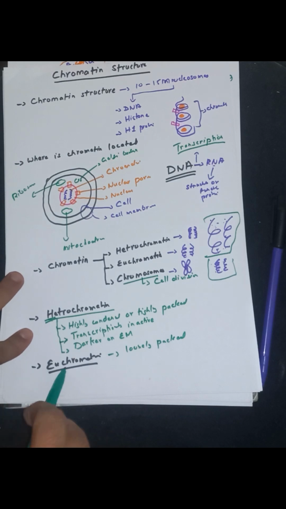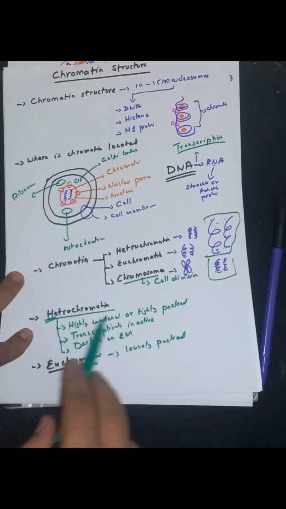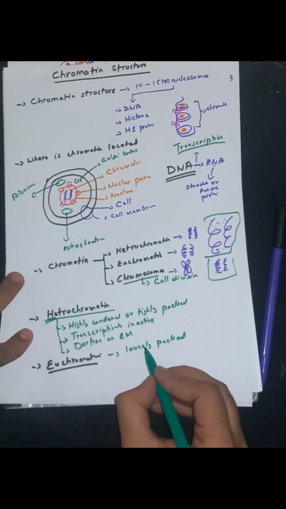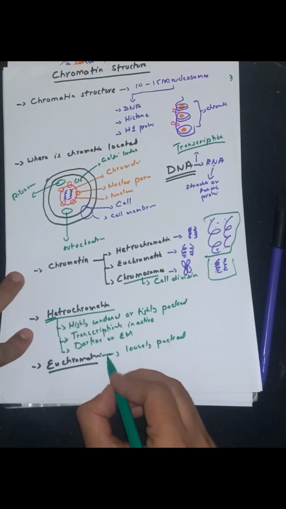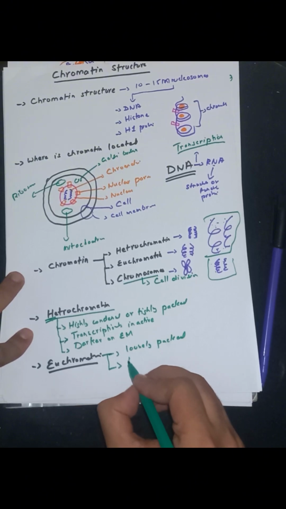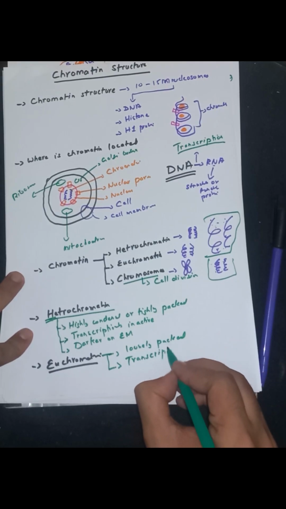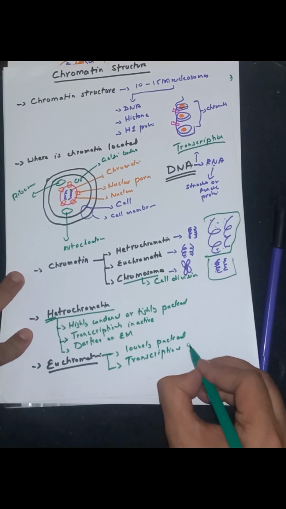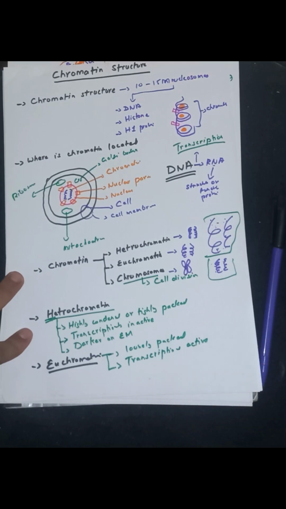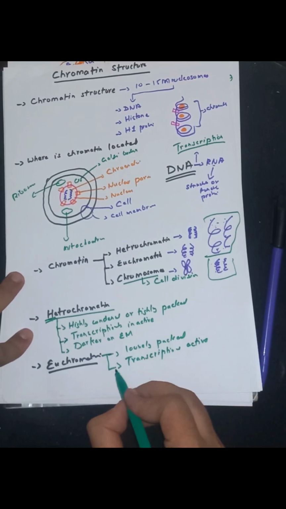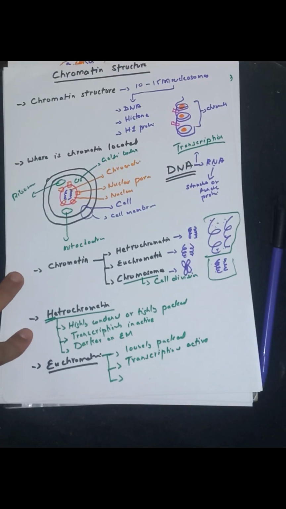Definitely this is the difference between heterochromatin and euchromatin. Euchromatin is loosely packed, heterochromatin is tightly packed. Okay, so if it is loosely packed, we definitely know what will happen. It will become transcriptionally active, and if it is transcriptionally active, it is loosely packed.